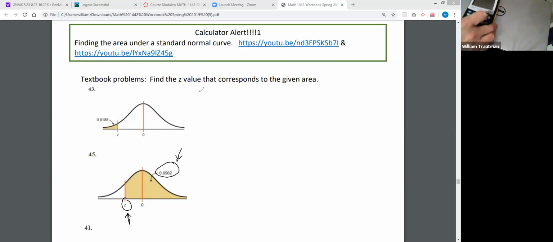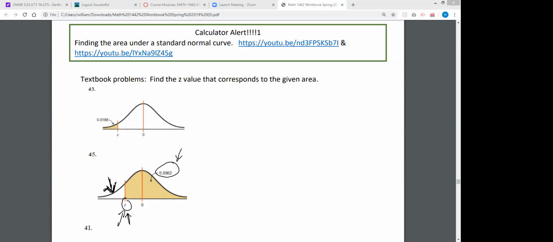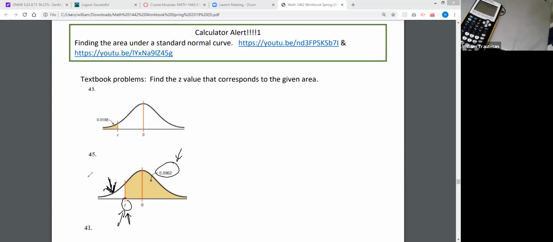Our calculator will only give us a Z value if we know what portion is shaded in over here. Can somebody tell me what is the decimal equivalent that's shaded in on this side? You're close. Yes, it's 1 minus 0.8962.